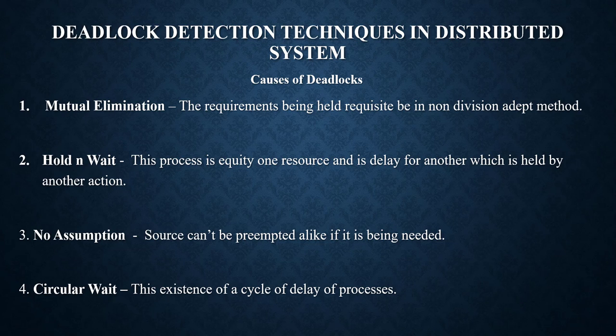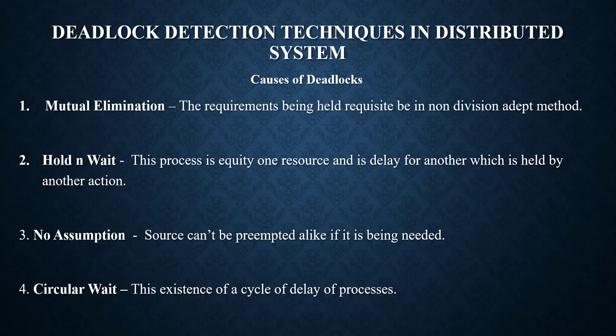And the third one is no preemption. This means a resource cannot be taken away while it is being used, otherwise deadlock could not occur, since the operating system could take the resource from a running process to enable another process to finish.